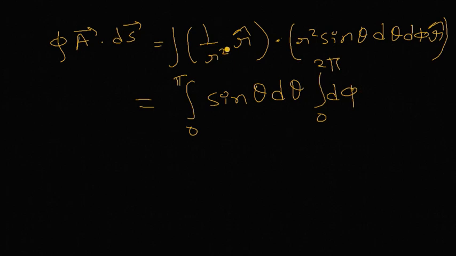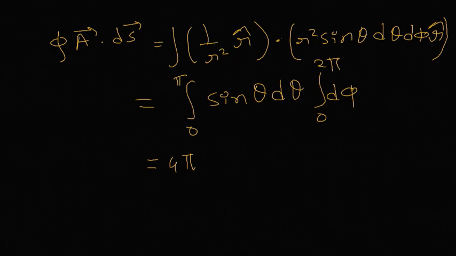Here we have divided r square by r square and multiplied it, and we know in case of dot product these values will be multiplied, and then we get sine theta d theta d phi, and then we integrate this for theta 0 to pi, and for phi 0 to 2 pi. All this is considered in spherical polar coordinate. So we get the value 4 pi by integrating this.